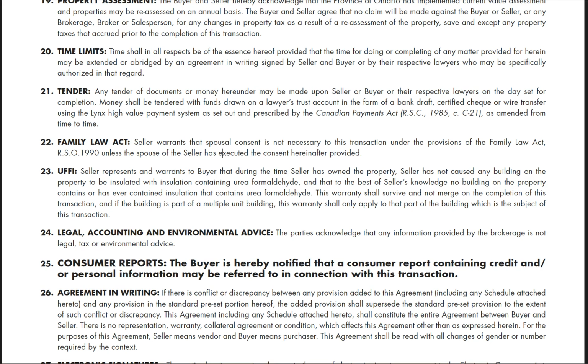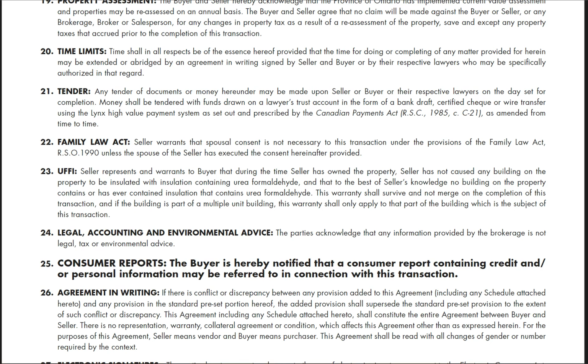UFFI, so urea formaldehyde foam insulation. This clause is basically saying that the seller guarantees that they have not installed UFFI while owning this home. The seller also states that, to their knowledge, UFFI has never been present in the home.